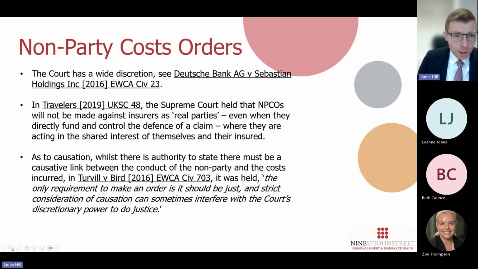And the only requirement is that it is just to make the order. So while you may be met with a causation argument, as we will see in some of the credit hire cases, that's not been something that credit hire companies, for example, have been able to successfully run.